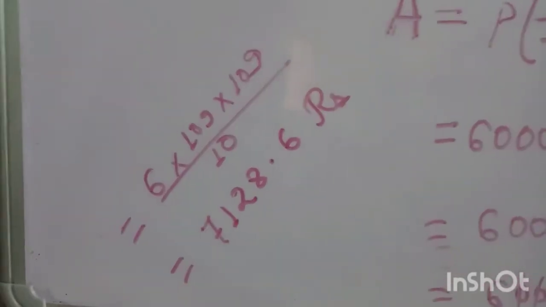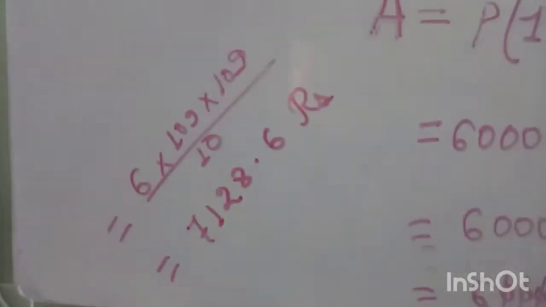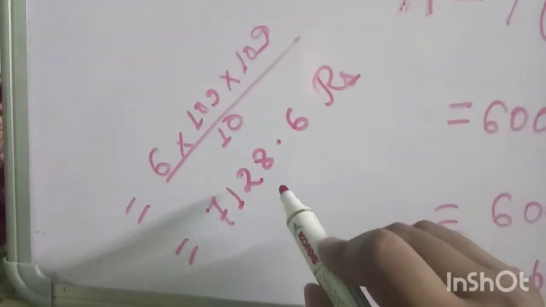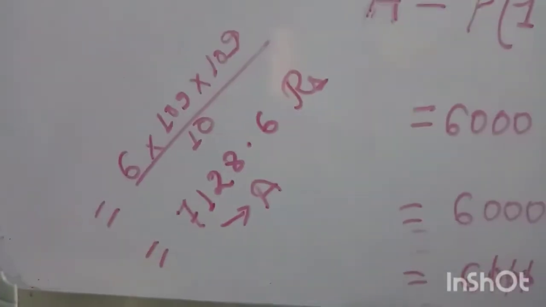My calculation is correct. Now we will have to apply this to find the compound interest. This is the amount, as we know, right? So we will now subtract the principal from this amount.